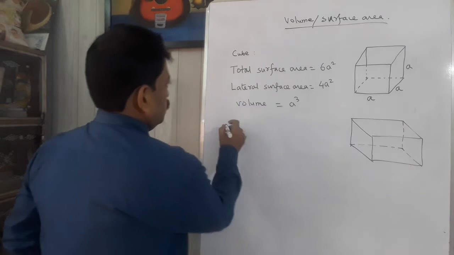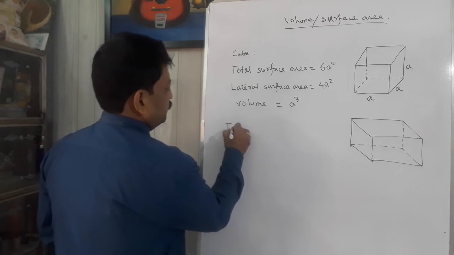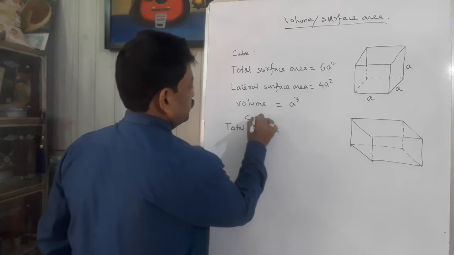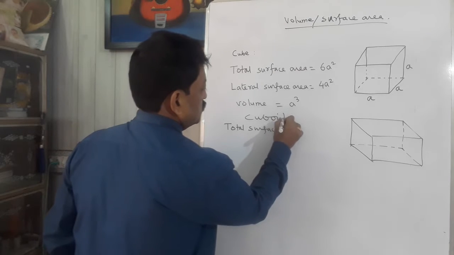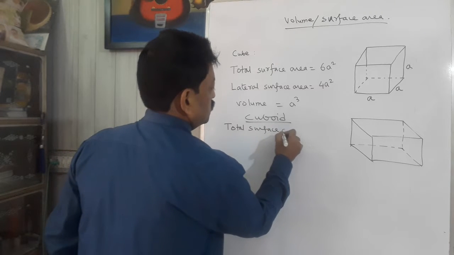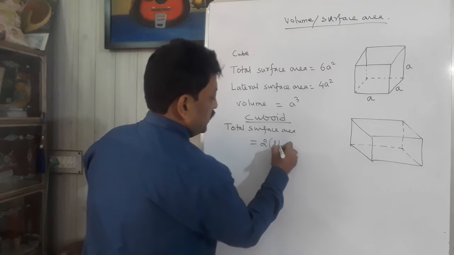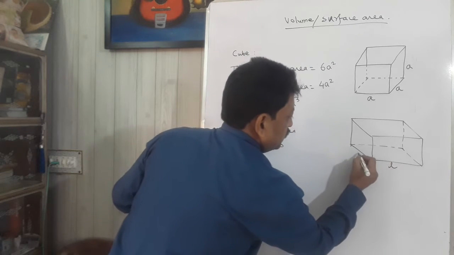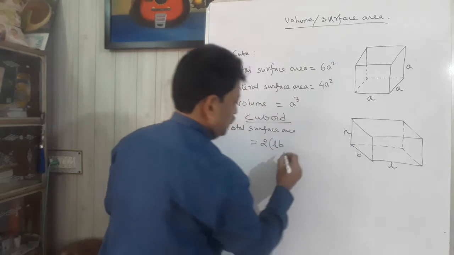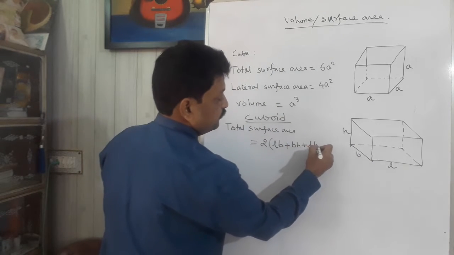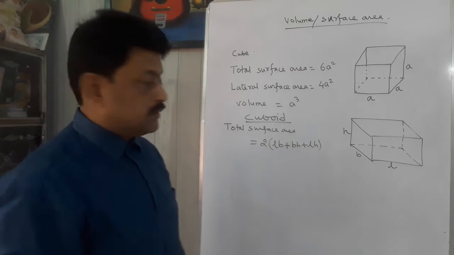Okay, so here the total surface area of cuboid is given by twice length into breadth. Suppose this is length, breadth, and this is height. So twice LB plus BH plus LH, all the 6 surfaces.